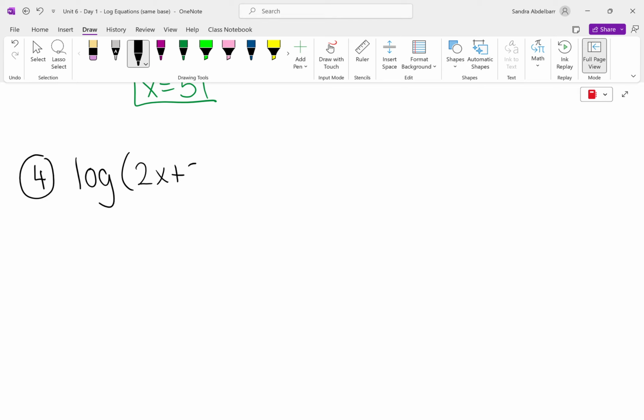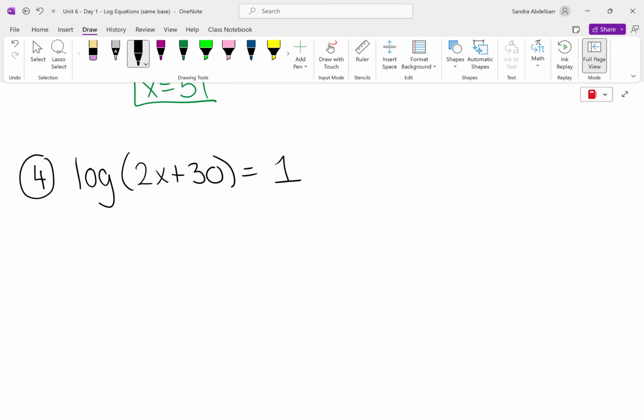So let's say we have log of 2x plus 30 equals 1. There's no base written. When there's no base written, what's implied? It's a base of 10. Excellent. Is this already in a good format for us? Yeah, we're down to 1 log, but it's not log equals log, so I can't do 2x plus 30 equals 1.